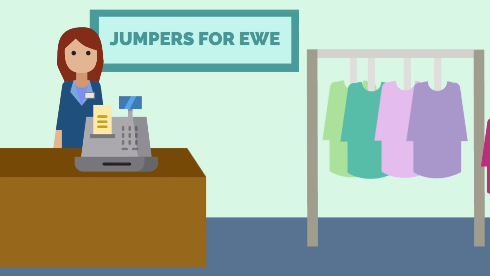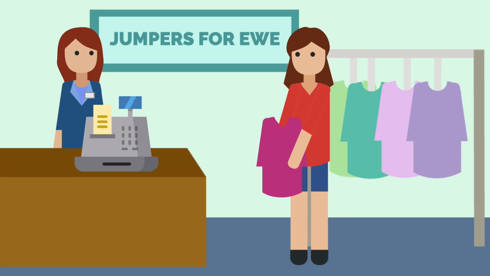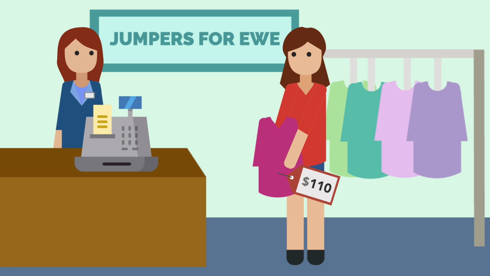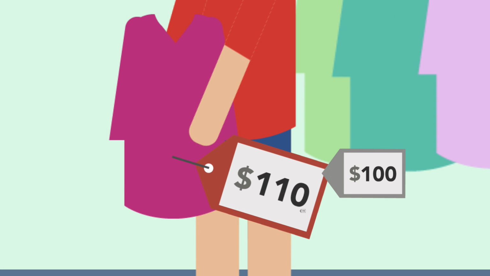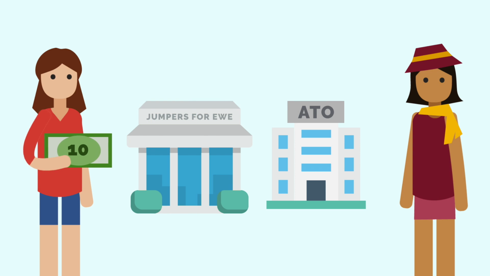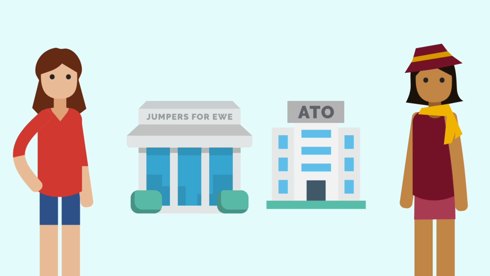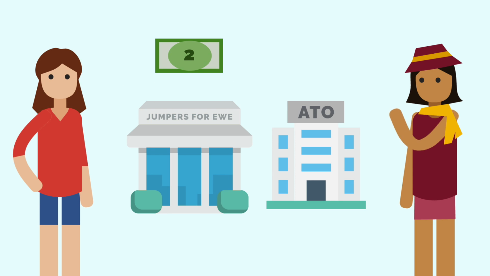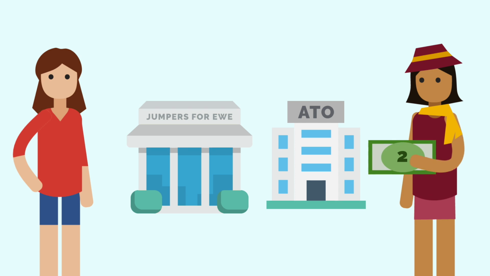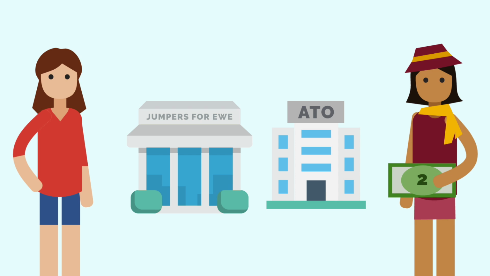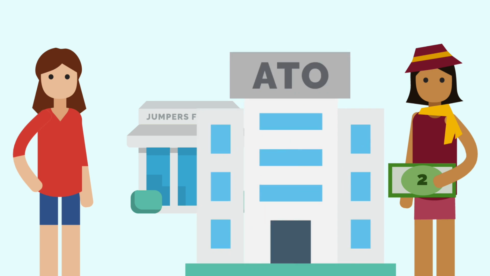Jumpers For You sells the jumper to a customer, Samantha, for $110. $100 plus $10 of GST. Jumpers For You has collected $10 of GST from Samantha, but paid $2 of GST to Tyra, the clothing manufacturer. Jumpers For You will net off these two amounts and will send the difference of $8 to the ATO.